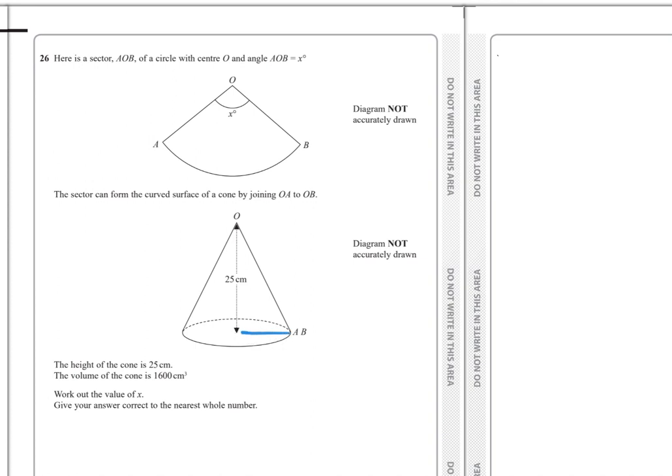We know that the volume of the cone equals 1/3 pi r squared times the height. So the volume 1600 equals 1/3 pi r squared times 25.